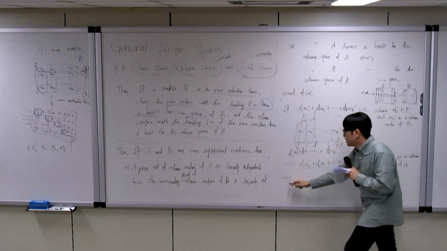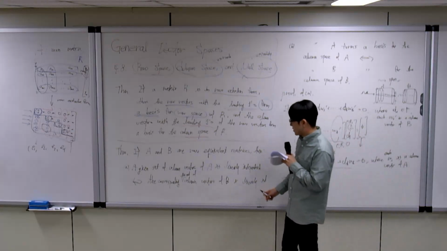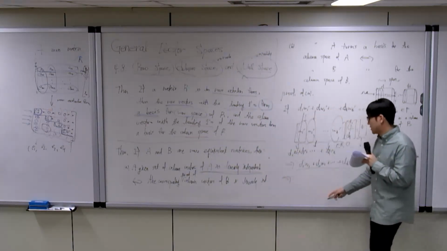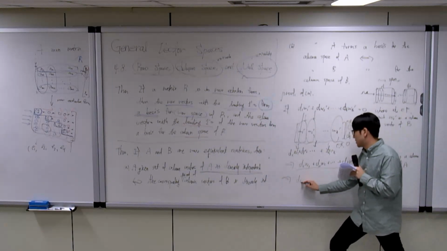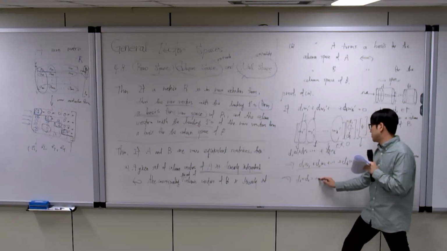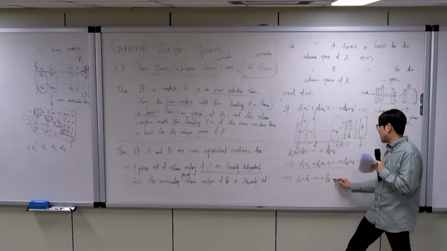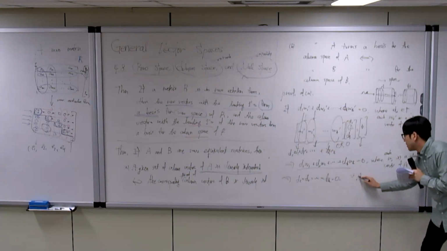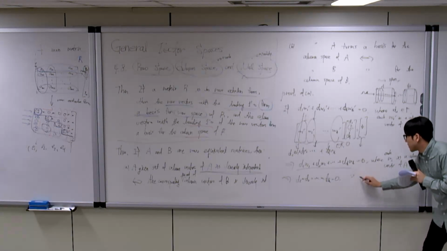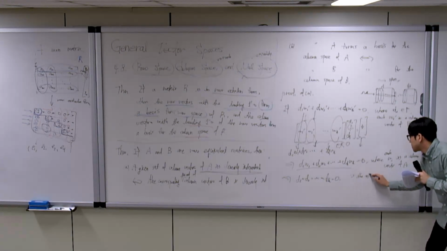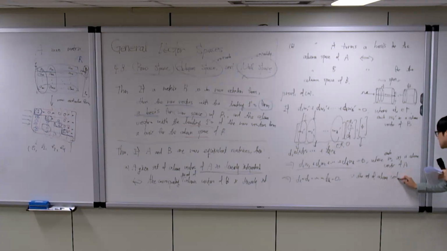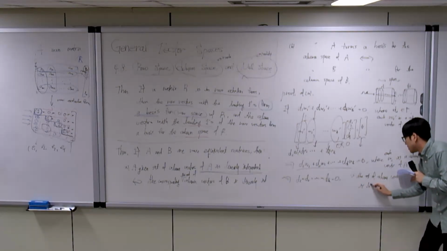In the assumption, the columns of A are linearly independent, so d1, d2 up to dk are all 0.